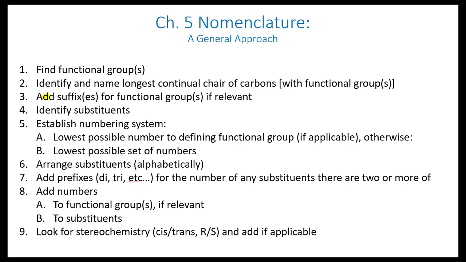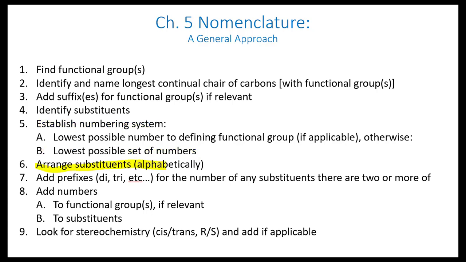Then we're going to add the suffix for the functional group, if that's part of it. That means whatever's left over becomes substituents. We're establishing a numbering system, which could be based on giving the functional group the lowest number, and if not, then the lowest overall possible set of numbers.